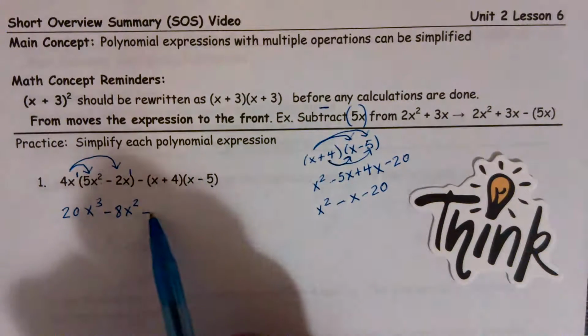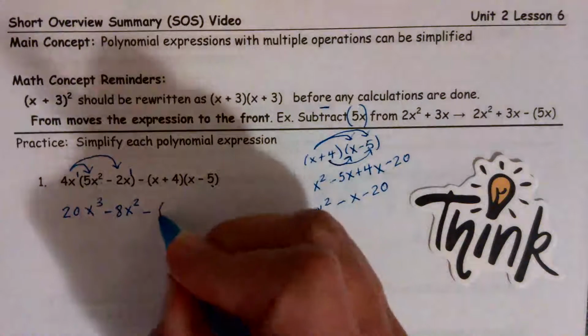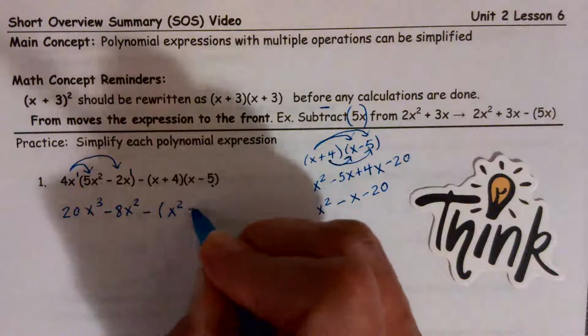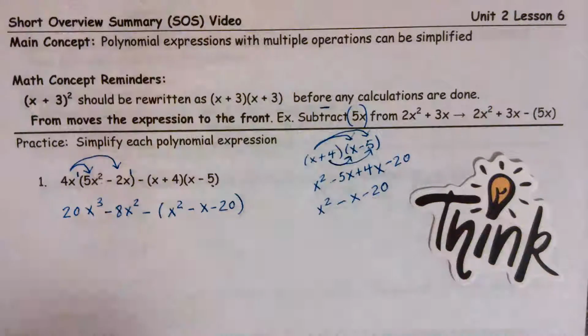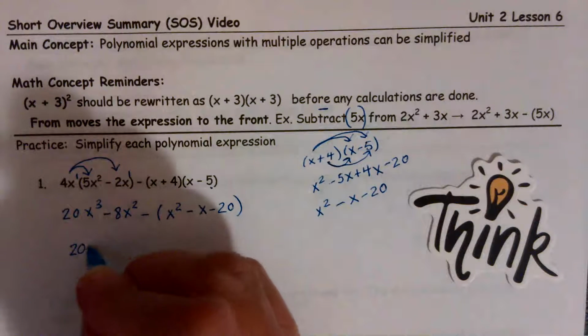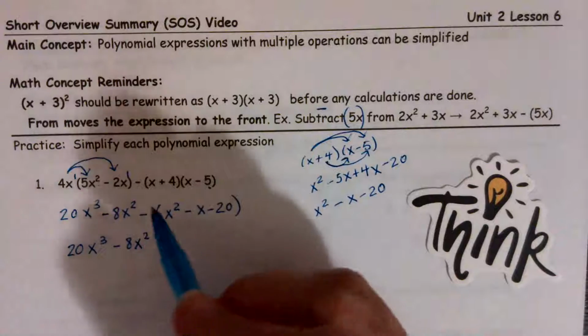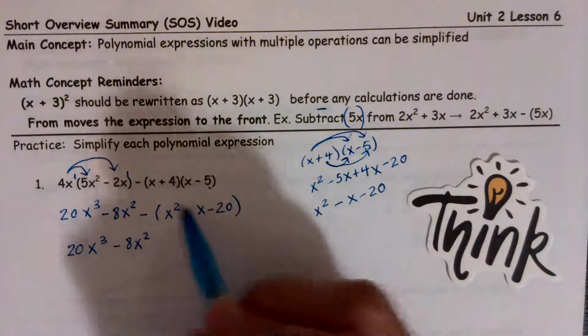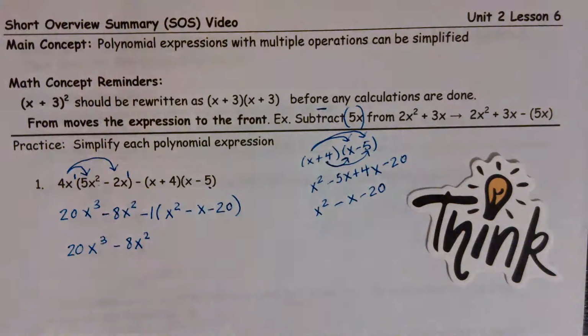Now remember, we're going to subtract this entire answer, so I need to put that entire answer in parentheses. I'm going to copy what's in front because there's no parentheses with that. And remember, when we have a negative outside a set of parentheses, this is the same as multiplying by a negative 1.